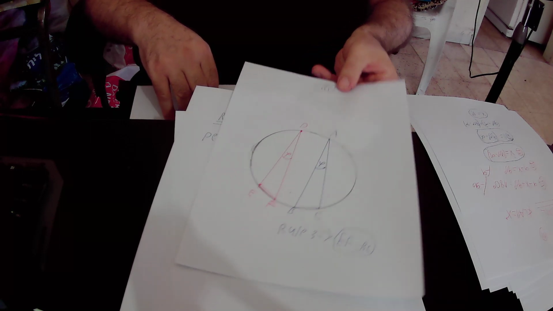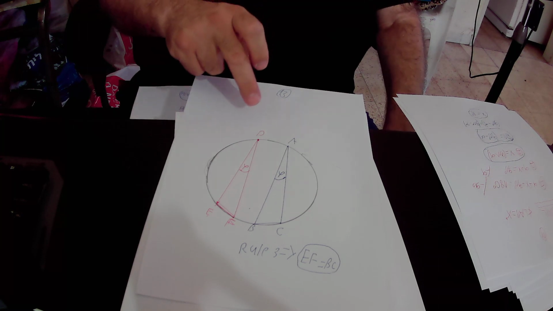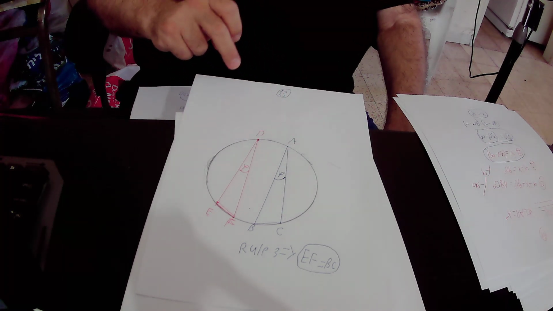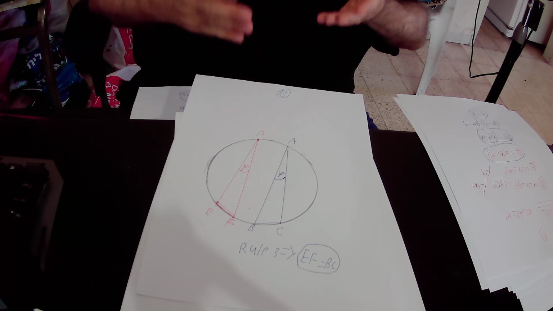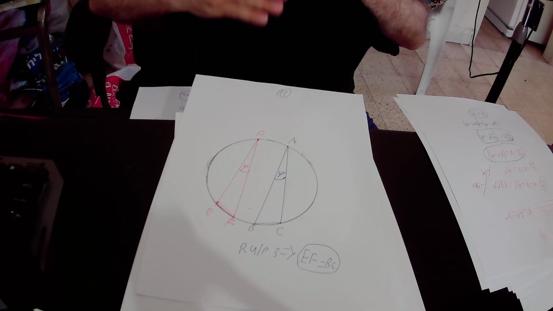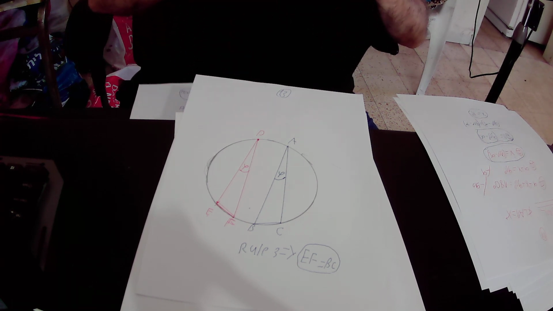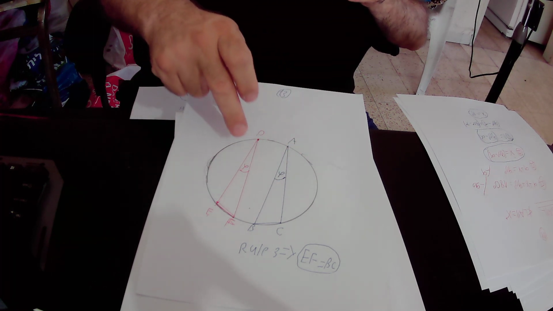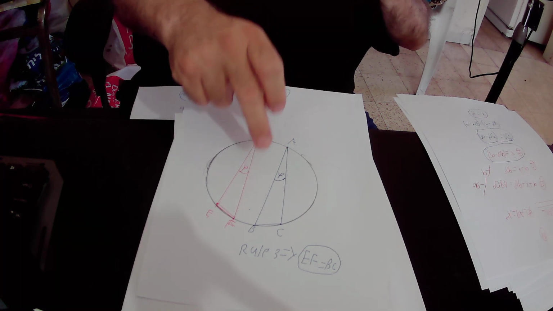If we have equal peripheral angles, this is angle alpha and this is also angle alpha, so they both equal each other. According to rule number 3, they also rest on equal chords. That is to say, BC equals EF, because equal peripheral angles rest on equal chords.